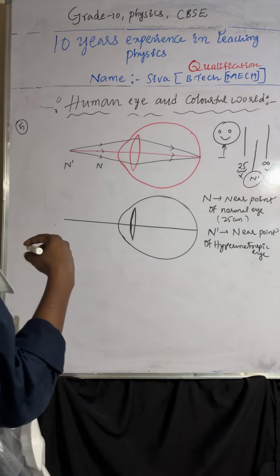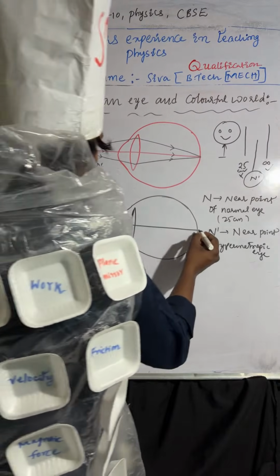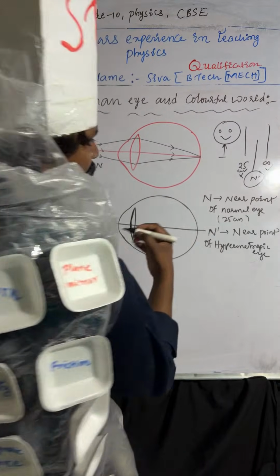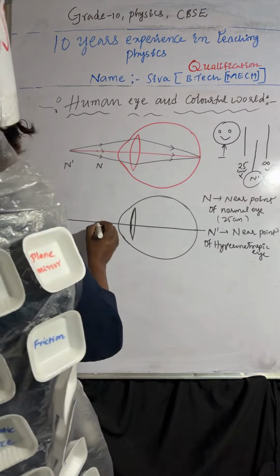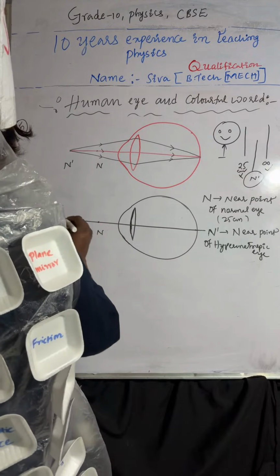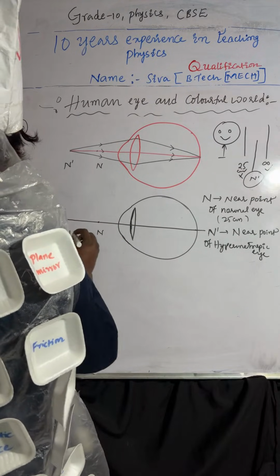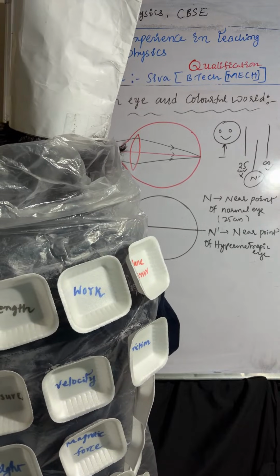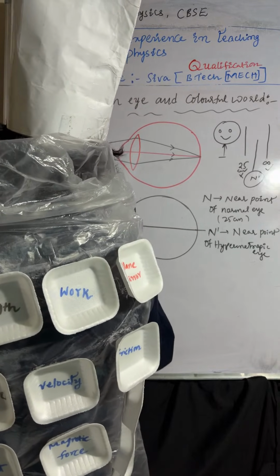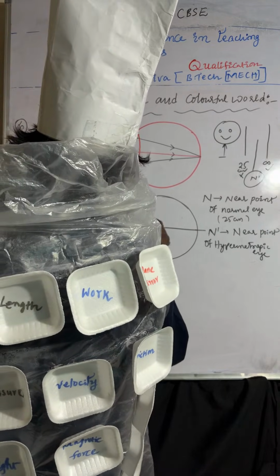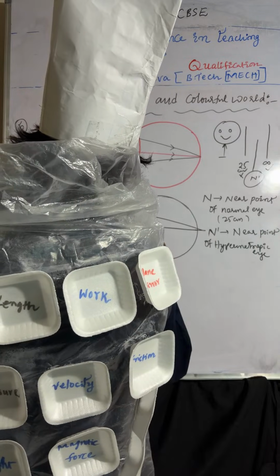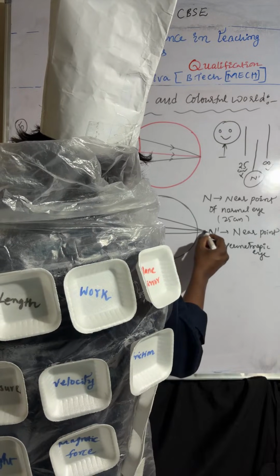Now you can observe, if the light rays are coming from n, where will those light rays meet? This is n and this is n dash. If the light rays are coming from this point, you can see those light rays will meet beyond the retina.